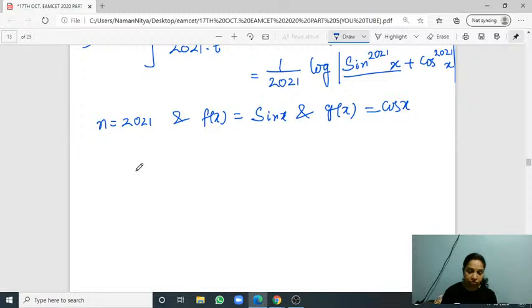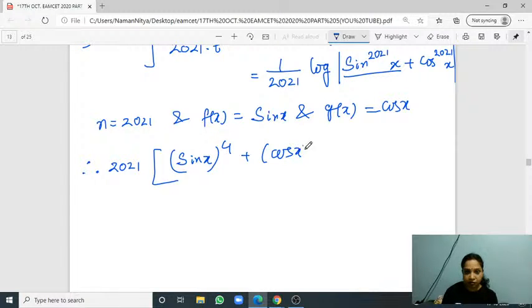So I will just write, therefore n is 2021 into f of x, that is sin x whole power 4 plus cos x whole power 4, at x equal to pi by 3. This only they are asking to calculate. So this will be nothing but 2021 into sin pi by 3.